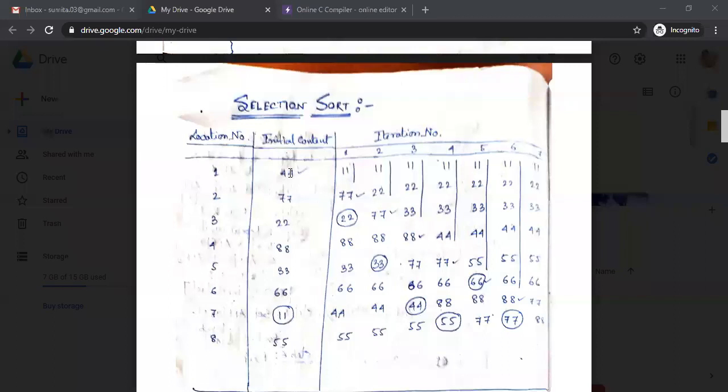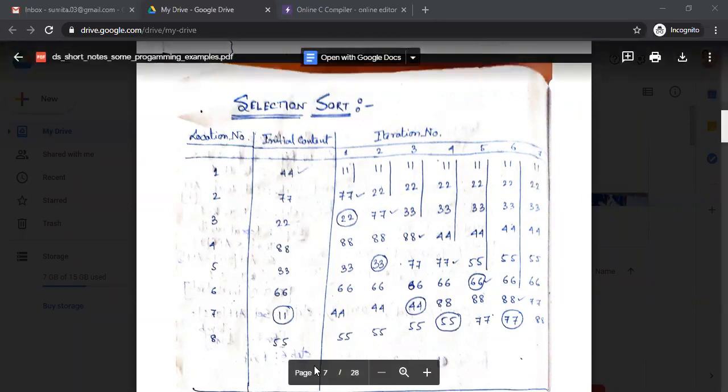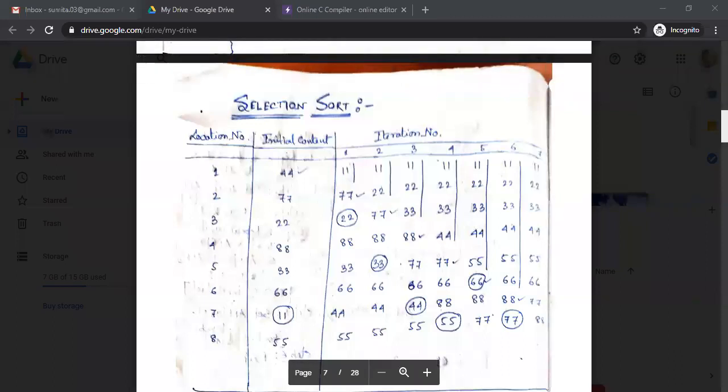Suppose you take this 44 as the first value of your array and take it aside. After that, you find the smallest element of the remaining elements of your array. It is obvious that 11 is the smallest element among 77 to 55, whatever the elements are. After finding the smallest element, you have to compare the first element with this smallest element.